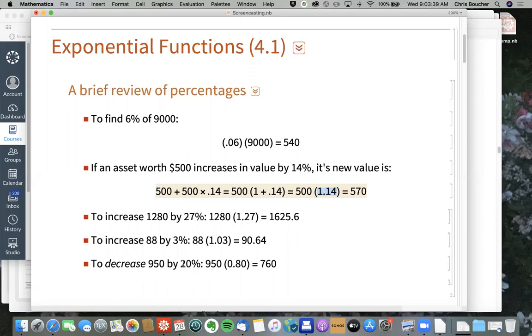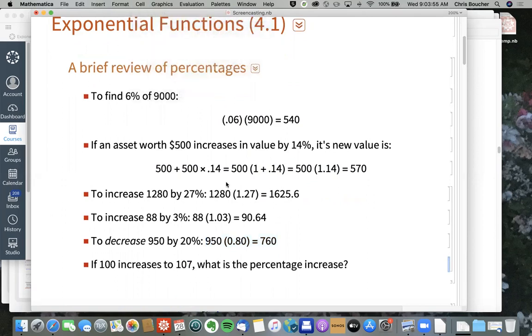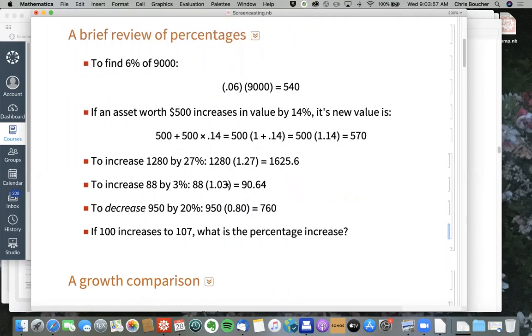So 1 minus 20%, which is 0.2, is 0.8. And so I just multiply 950 times 0.8. So I can kind of move something by a percentage, whether up or down, just by a single multiplication. Again, this is just a review of some basic arithmetic, but it comes up a lot when dealing with exponential functions.